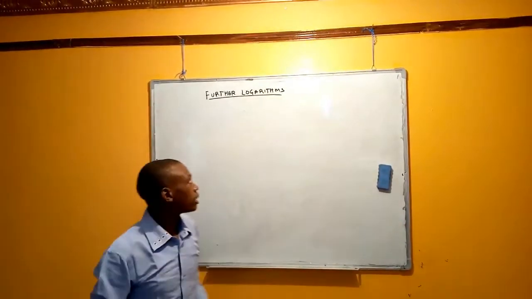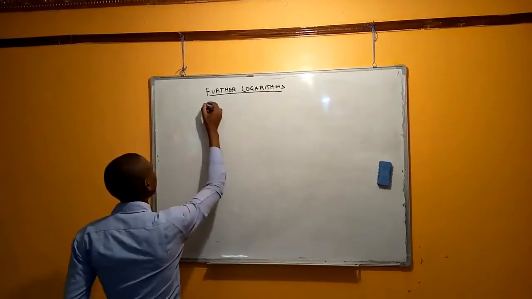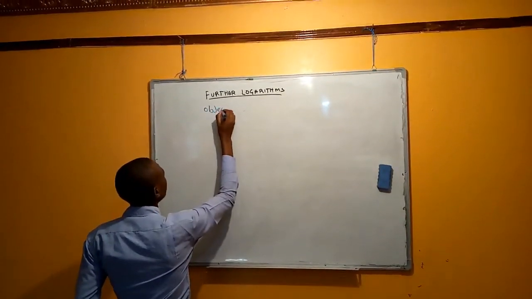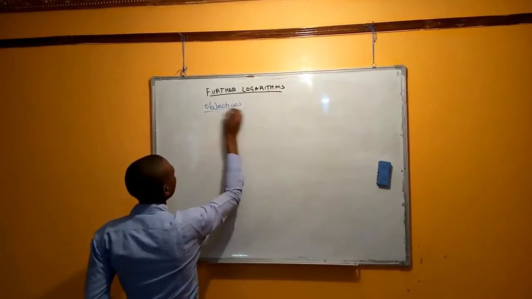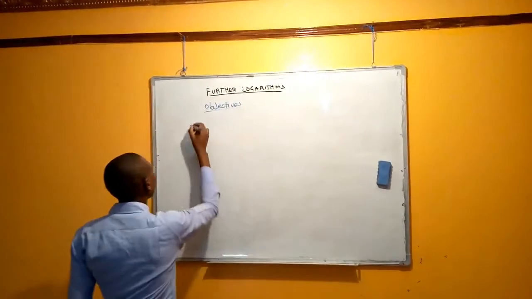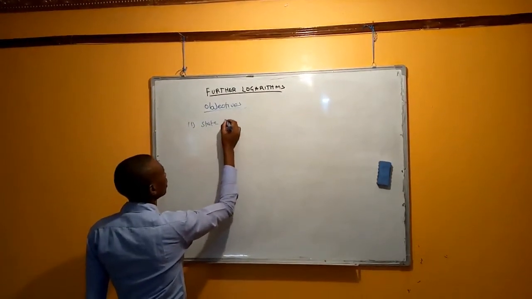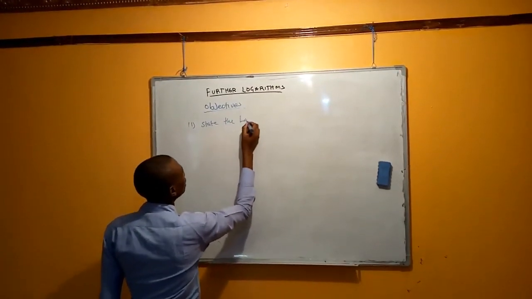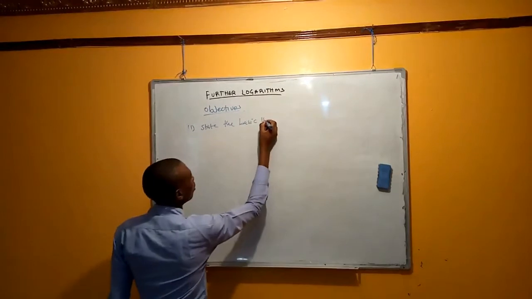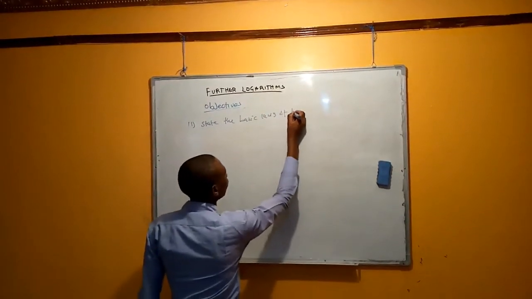Before we start with this topic, we need to be sure of the objectives. The first objective is that you should be able to state the basic laws of logarithms.